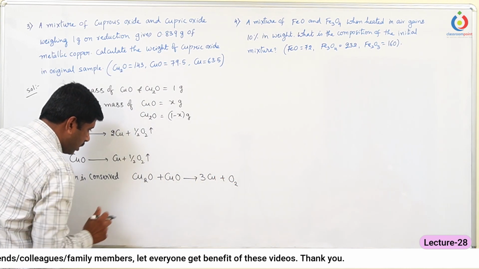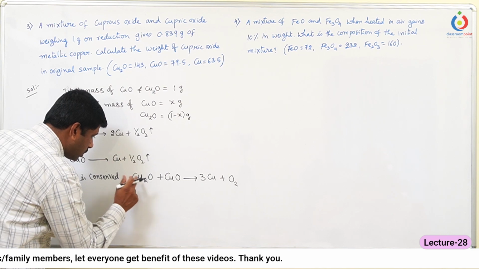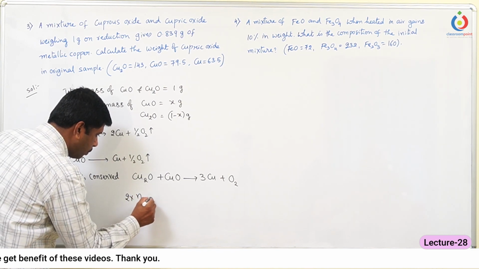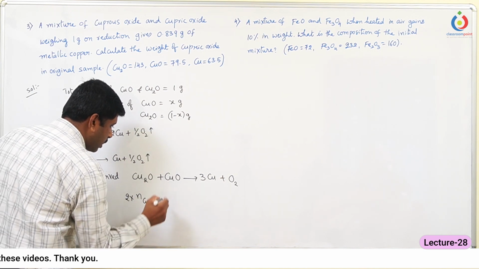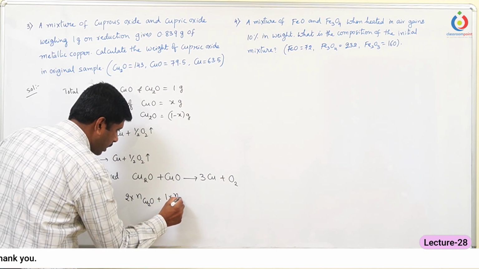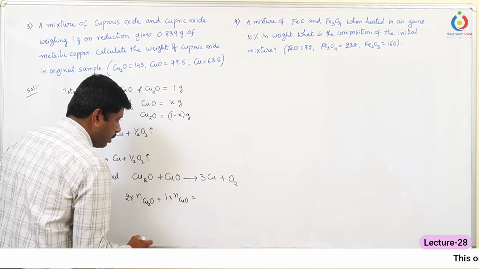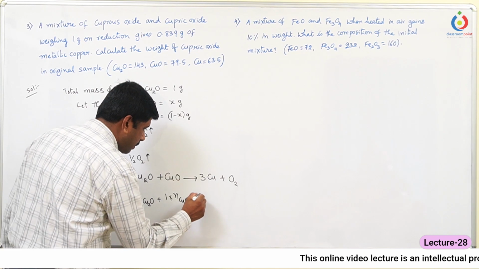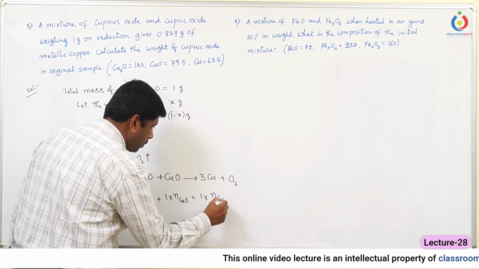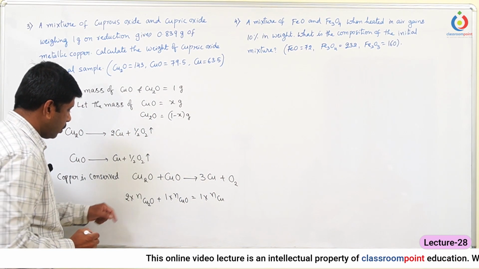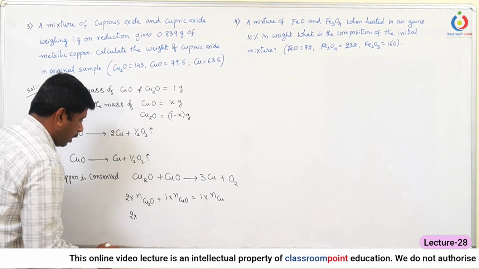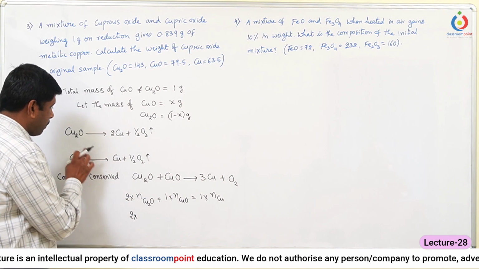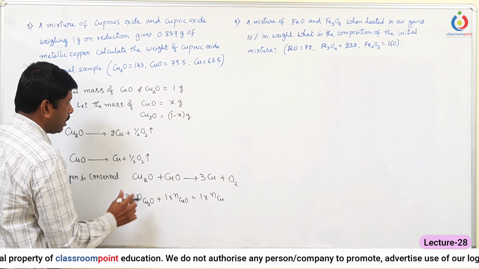In this particular cuprous oxide, 2 moles of copper are present. So 2 into the number of moles of Cu2O plus, here 1 copper is there, so 1 into the number of moles of CuO equals, we should not consider the stoichiometric coefficients, here only 1 copper is there, so 1 into the number of moles of copper. So 2 into the number of moles of Cu2O, which means the weight of cuprous oxide divided by its molecular mass.